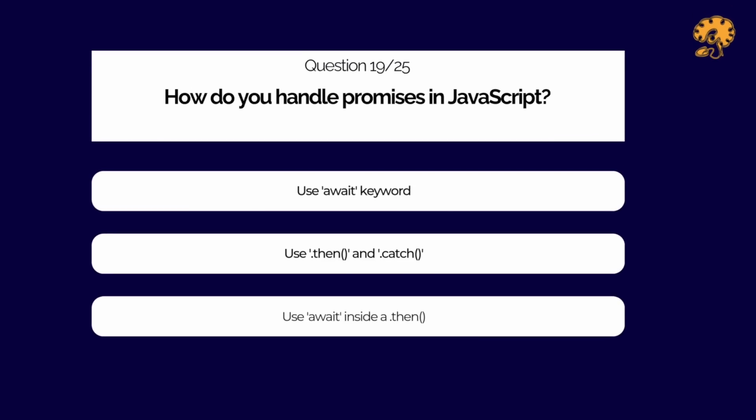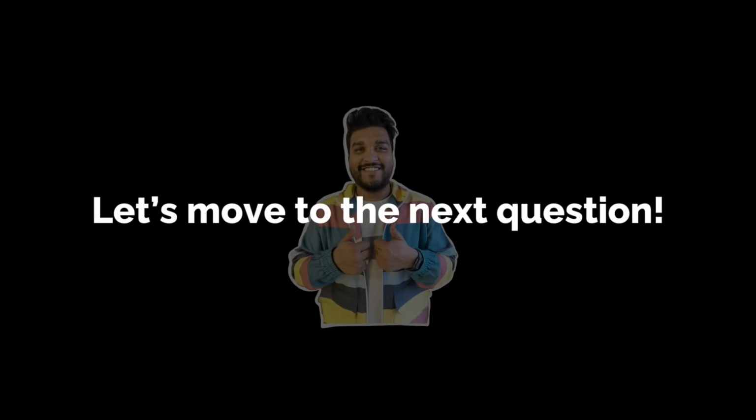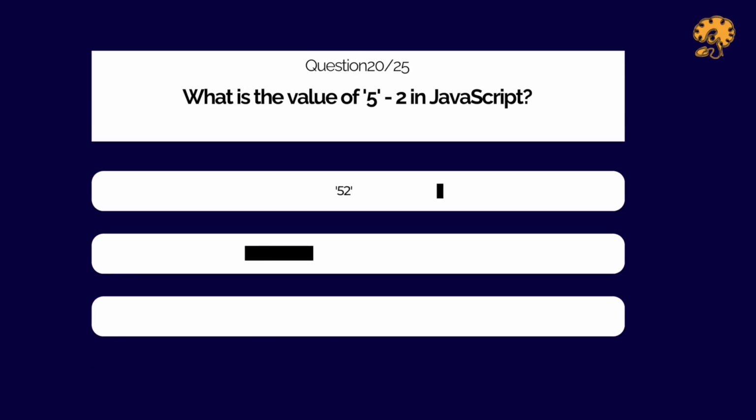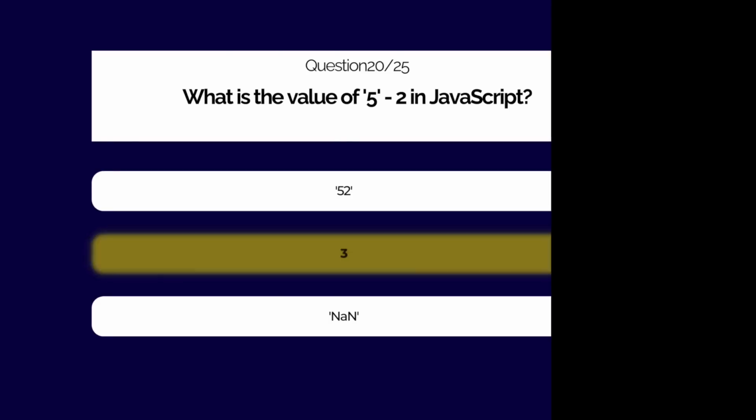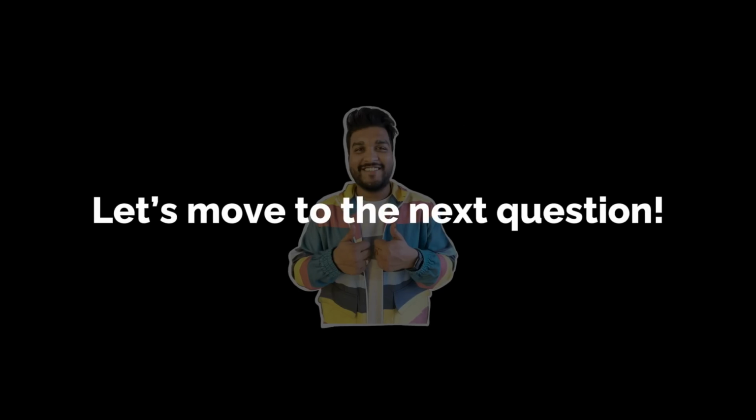How do you handle promises in JavaScript? Let's move to the next question. What is the value of this code snippet in JavaScript? Let's move to the next question.